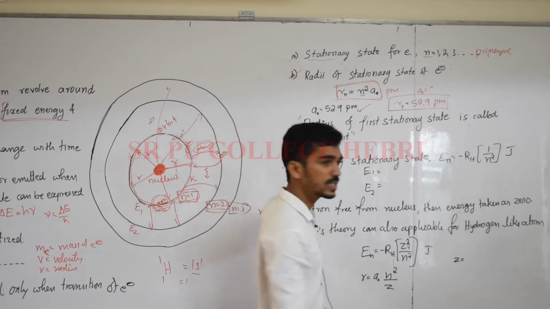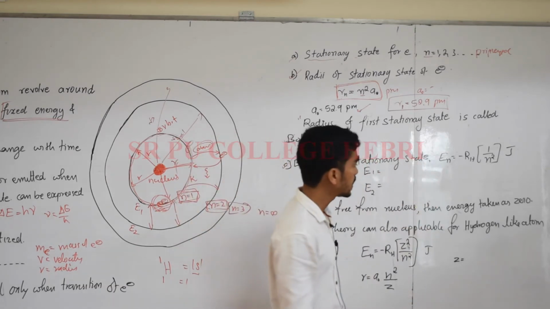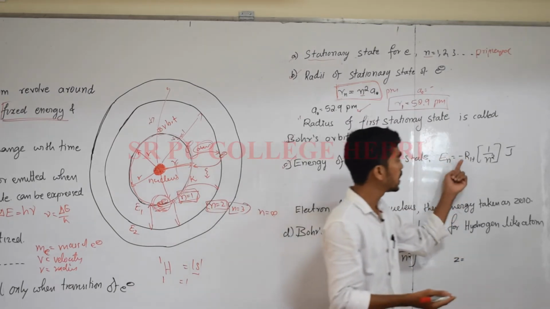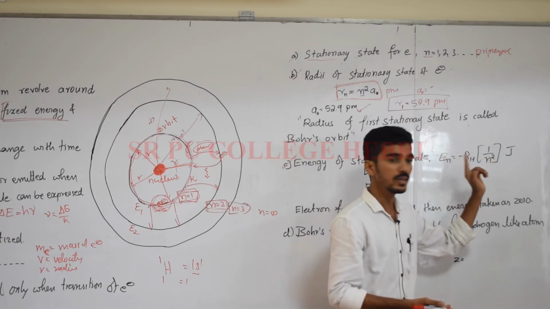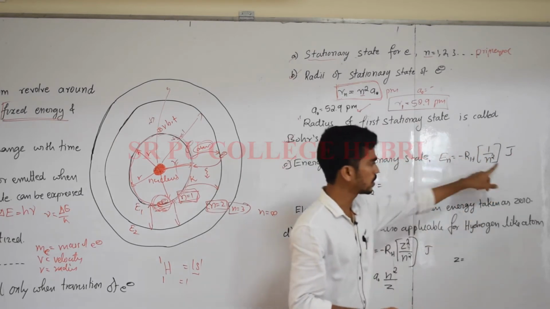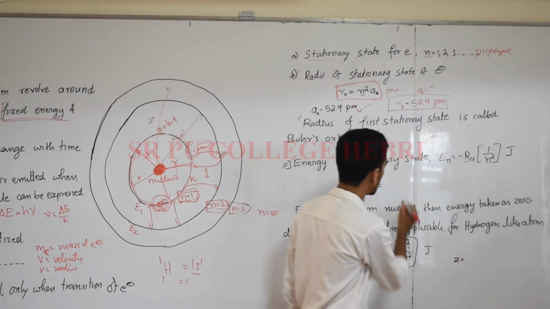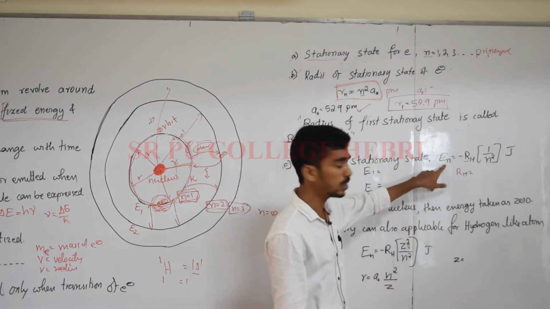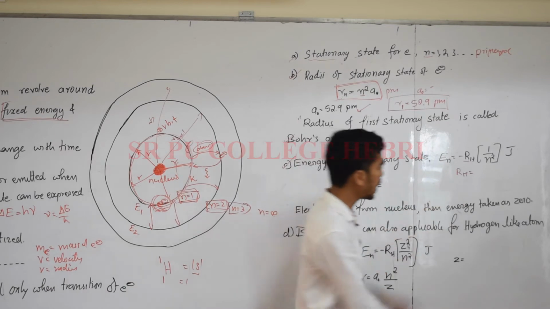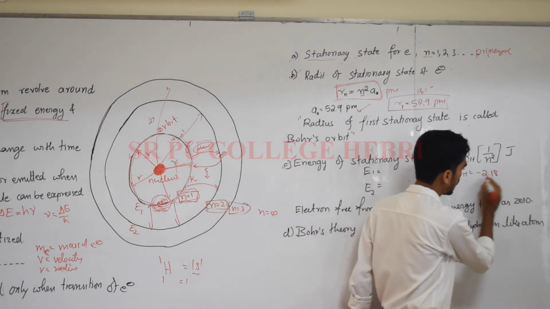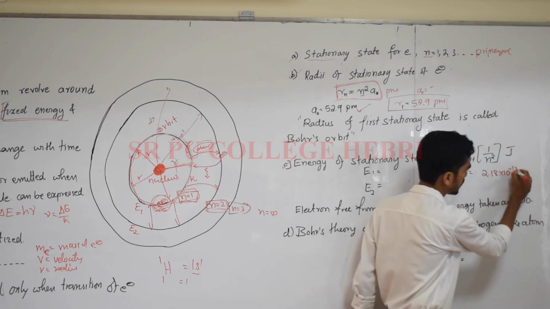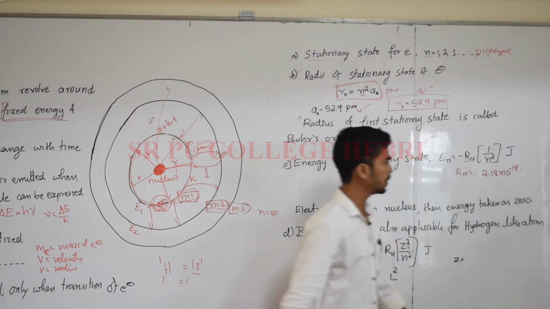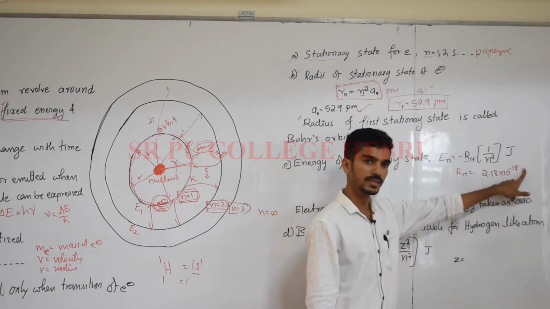These stationary states have particular energy: En, the energy of any stationary state, equals Rh times 1 by n square, in joule. Here Rh is the Rydberg constant, in terms of energy, and its value is 2.18 into 10 power minus 18 joule. This is a constant value.